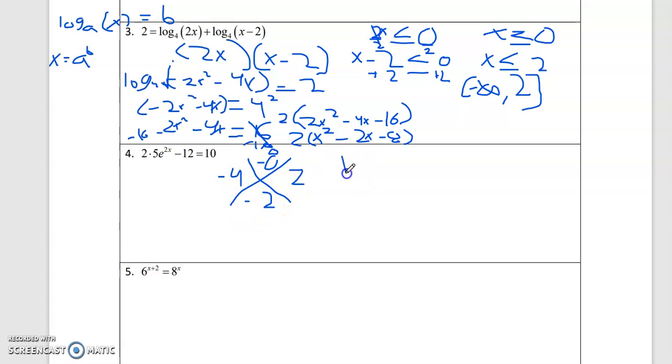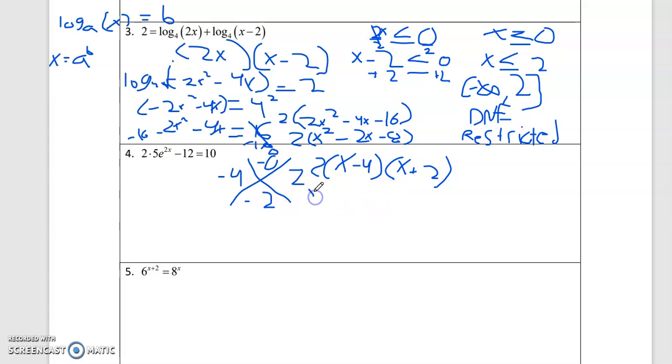So you are left with x minus 4 and x plus 2. Okay, and cannot forget the 2 in the front.